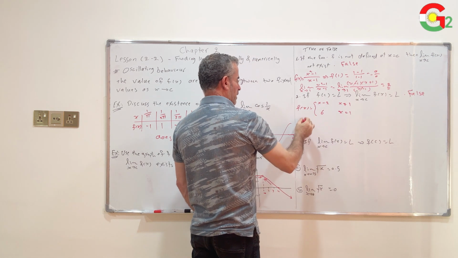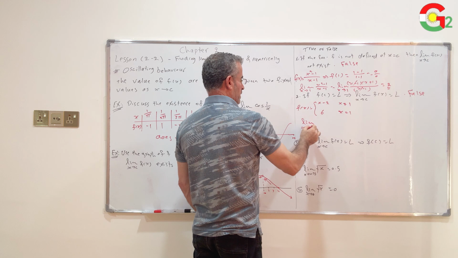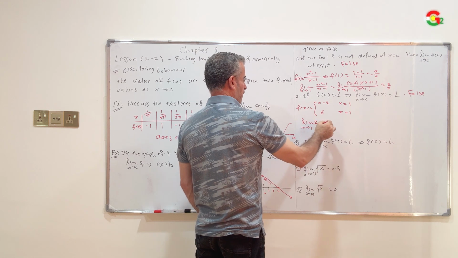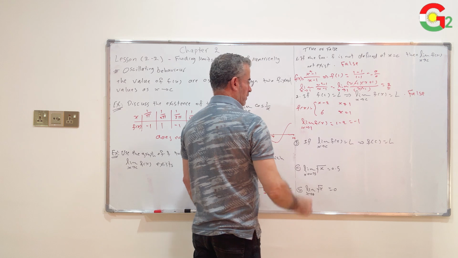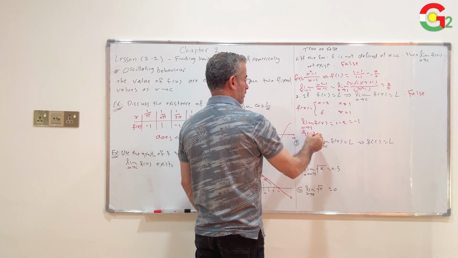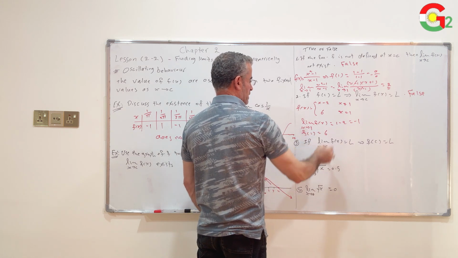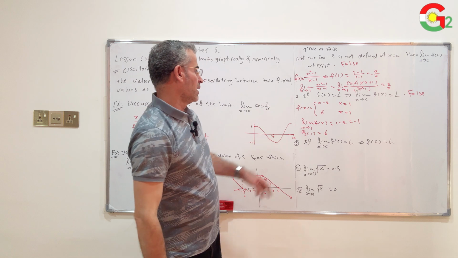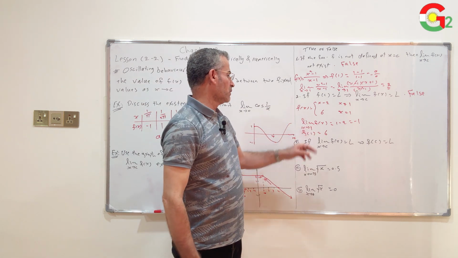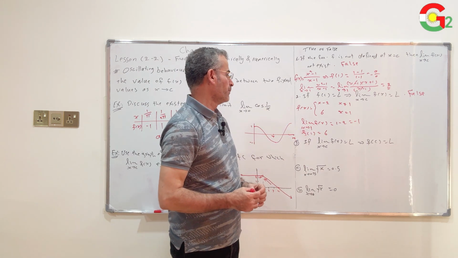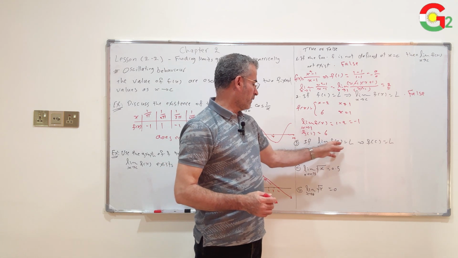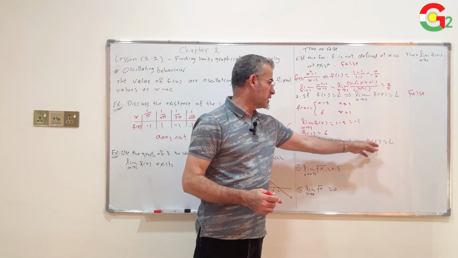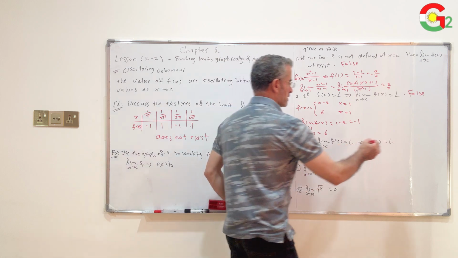Now, the limit when x approaches 1 for f of x equals 1 minus 2 equals negative 1. But f of 1 equals 6. The limit is not equal to the value of the function. So if the limit of f of x equals L, then f of c equals L is also false.